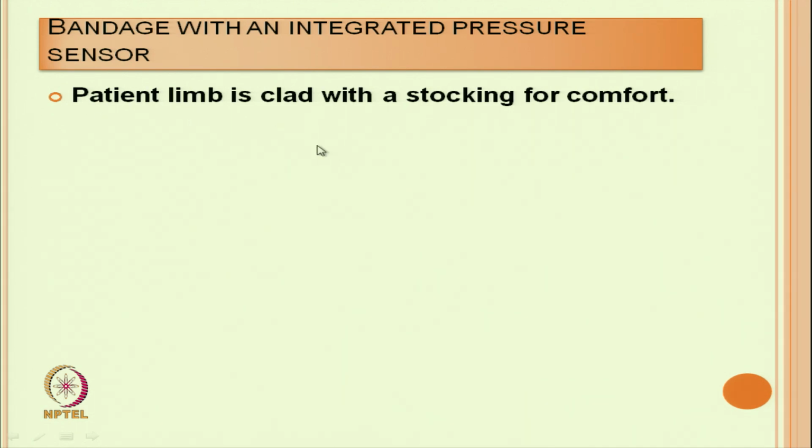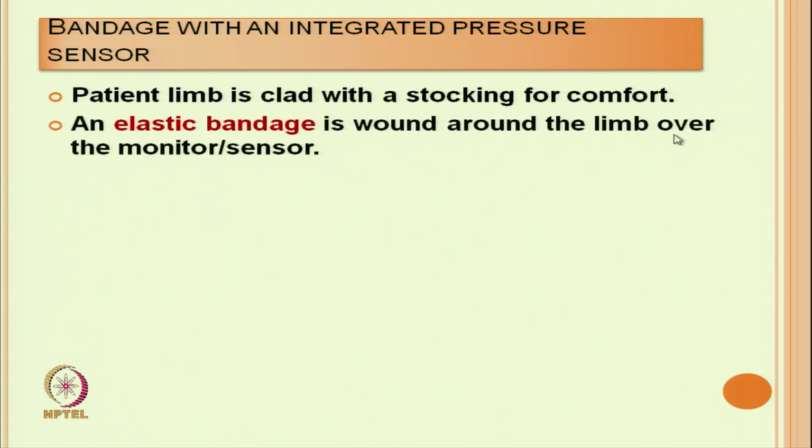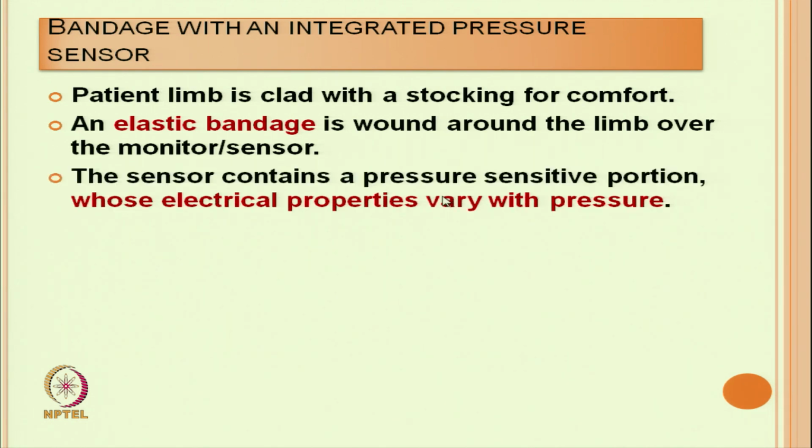Another bandage where the pressure sensor is inbuilt within the bandage itself. Patient limb is clad with a stocking for comfort. An elastic bandage is wound around the limb over the monitor sensor. The sensor contains a pressure sensitive portion whose electrical properties vary with pressure.